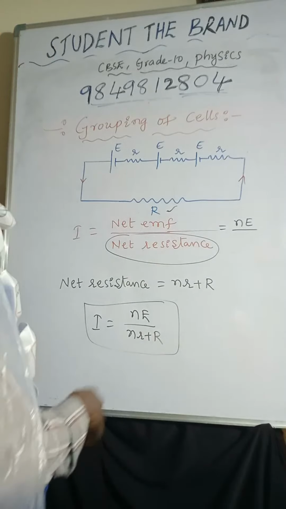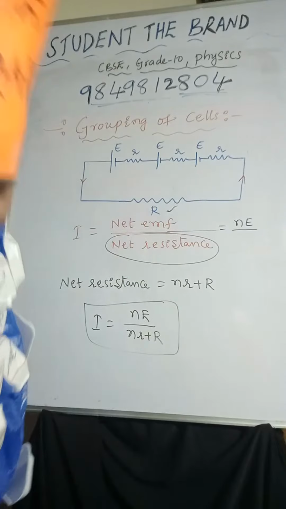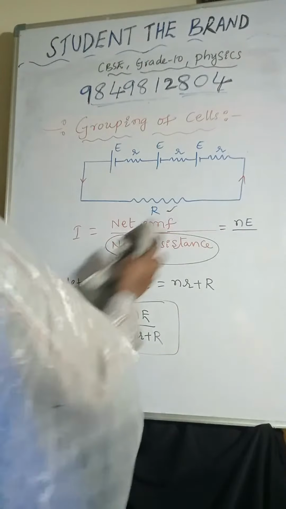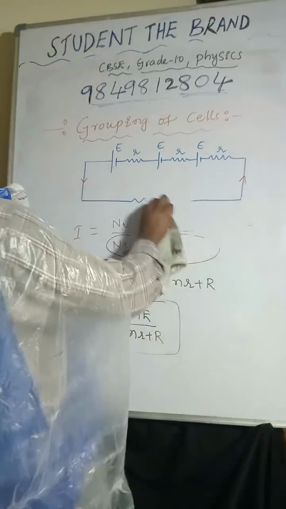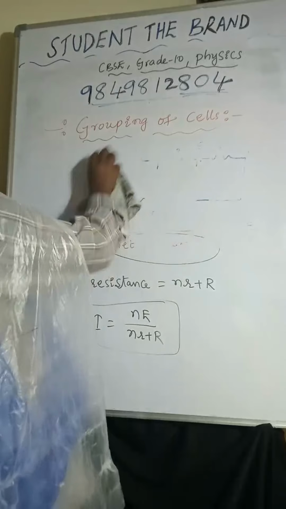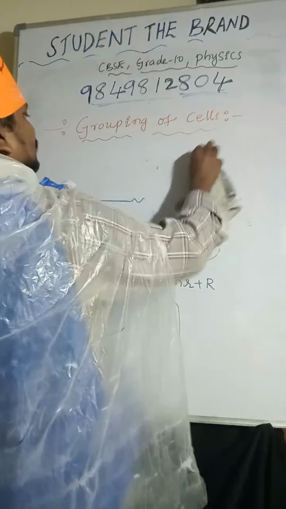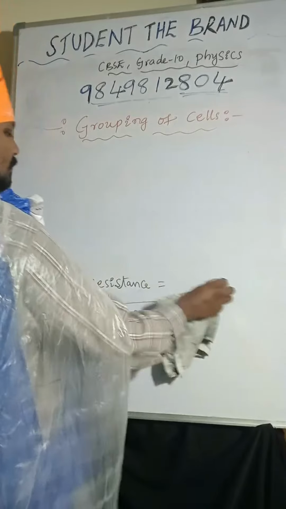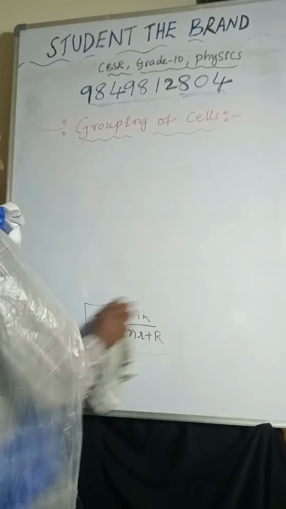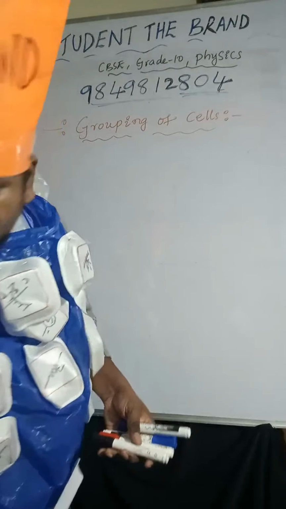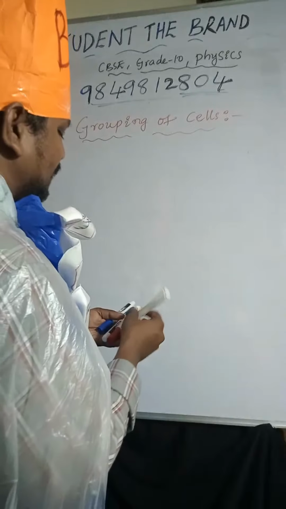Now, if cells are connected in parallel combination, how do we do it? Now you can observe here.